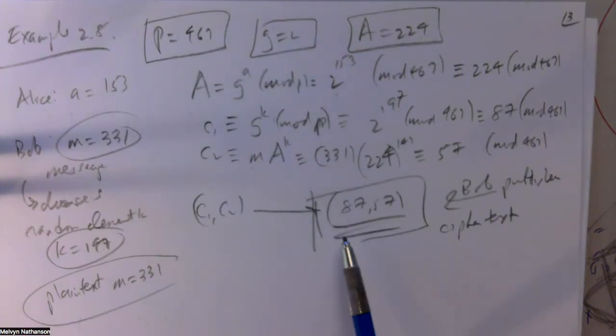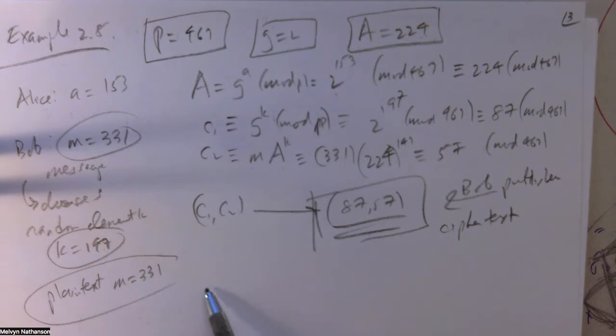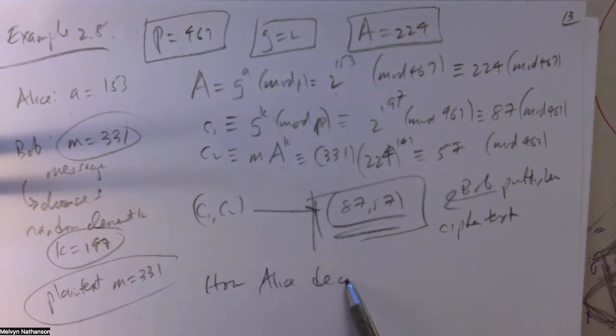So how does Alice decode this pair, decipher, decrypt this pair to find the message? Okay, well, what we said is, this is how Alice decodes 87, 57.